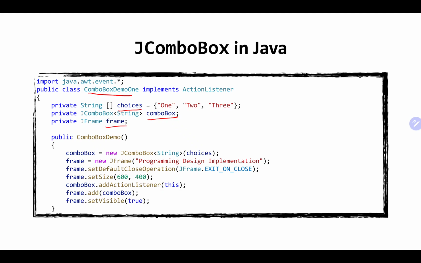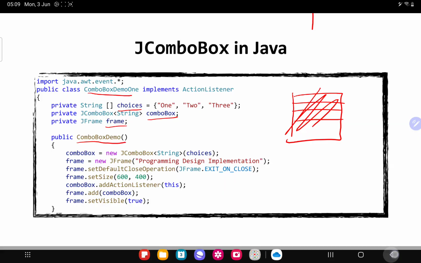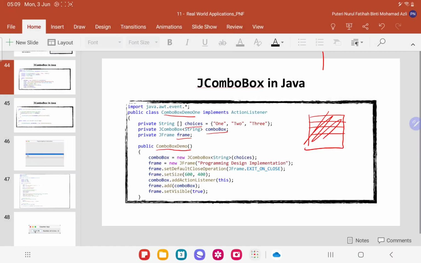So inside it we have a constructor called ComboBoxDemo. What it does is we create a drop down list consisting of the choices here, which are 1, 2 and 3.